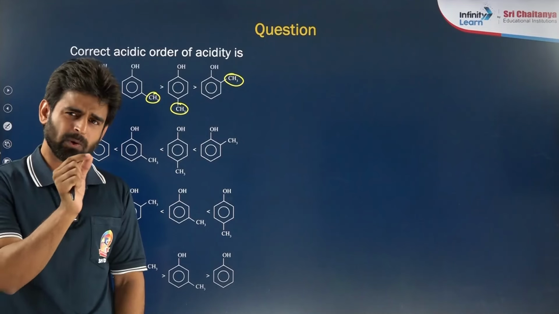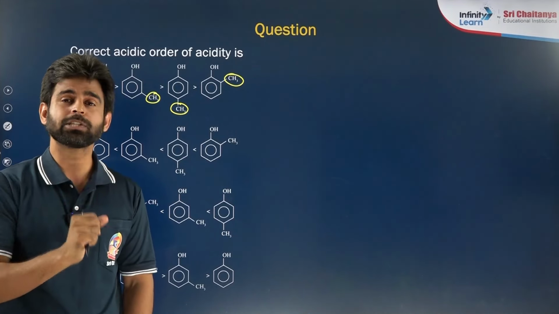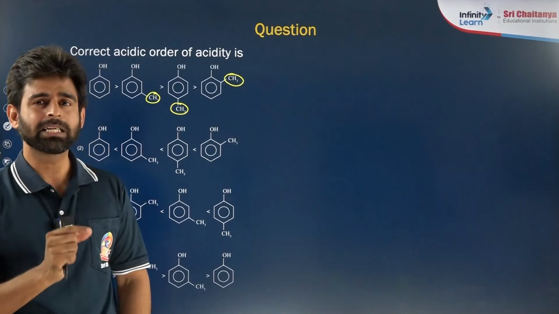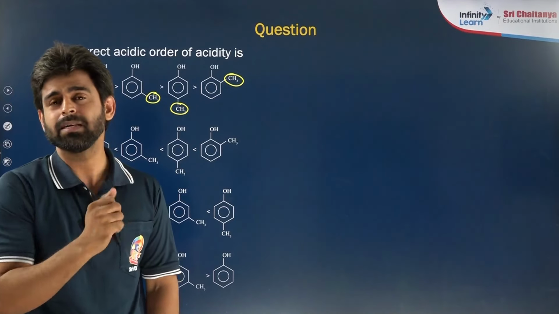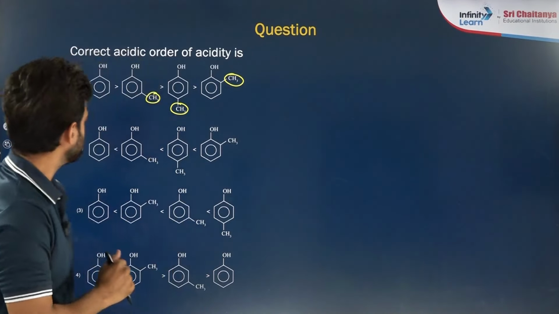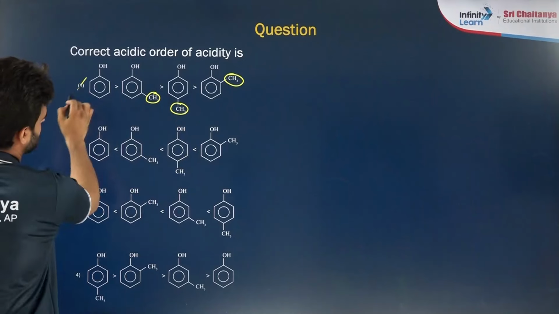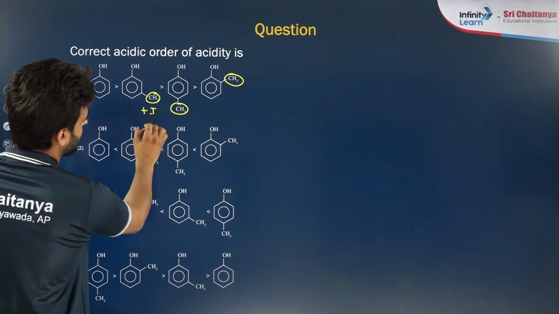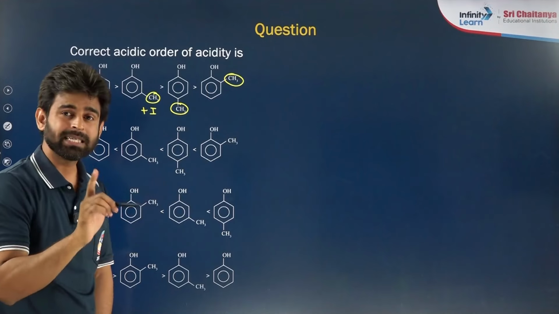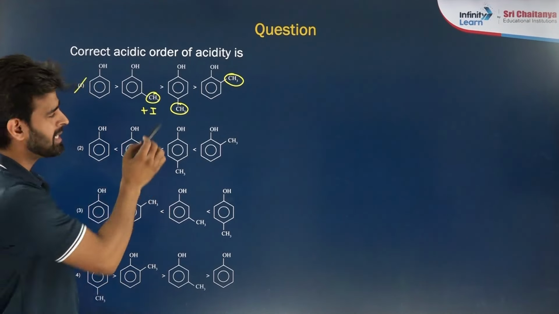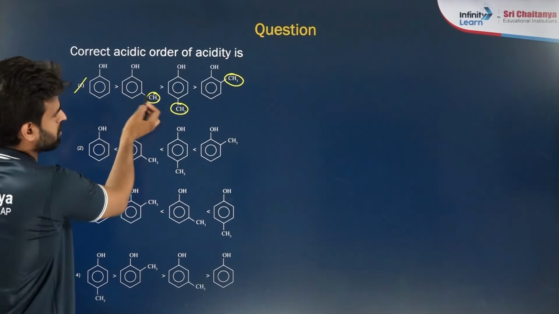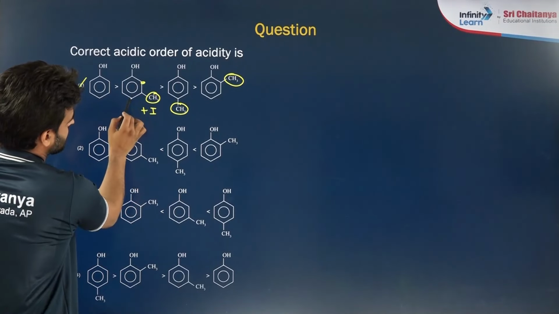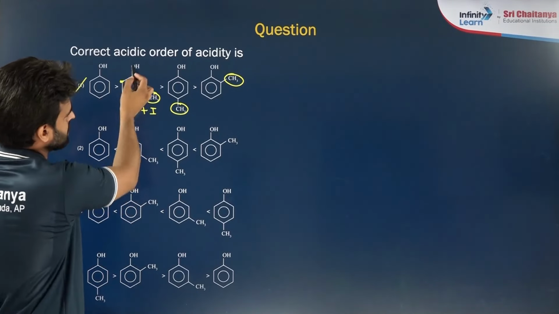If methyl and OH are at meta positions to each other, then the hyperconjugation effect of the methyl group will not impact our acidic strength, right? So if you look at this first option carefully, CH3 is giving electrons by only plus I, meaning hyperconjugation is not working because these are at meta positions to each other. Its hyperconjugation will impact this carbon and this carbon, not this carbon, right?